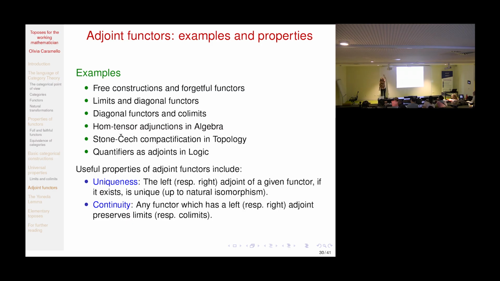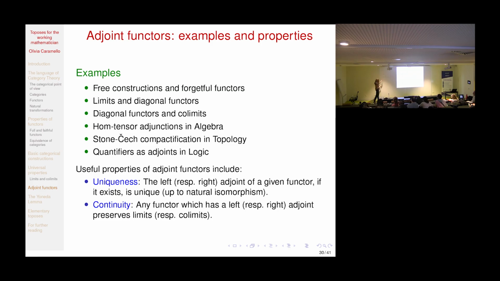So suppose you have a function between two sets, X and Y. This function, when you take the power sets, gives, by taking inverse image, an order-preserving function between these posets, which we can consider as categories. Because, of course, there is no doubt that this is order-preserving.